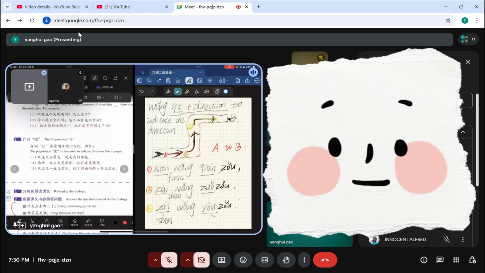Then turn left. 往左走. Okay, last one. Last step. Then turn right. 再往右走. 再往右走. Okay, so do you understand this part?